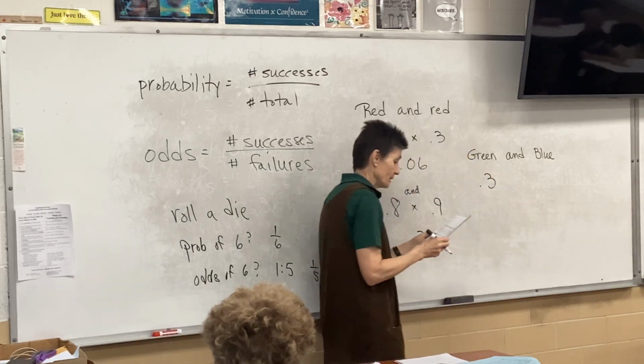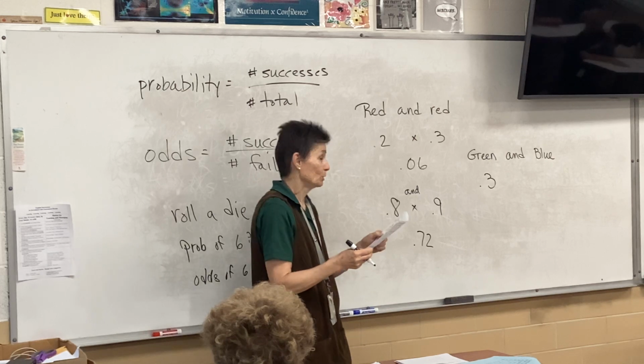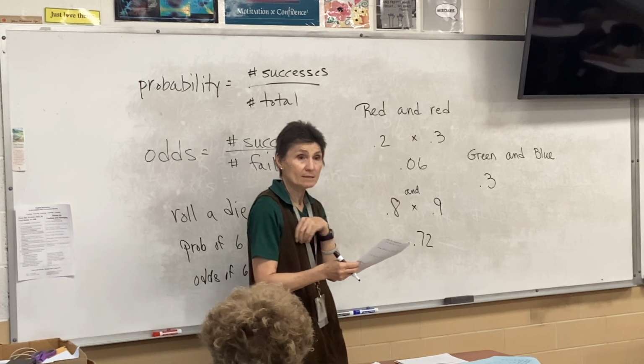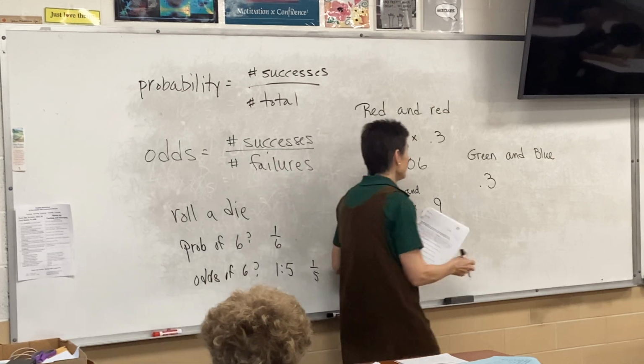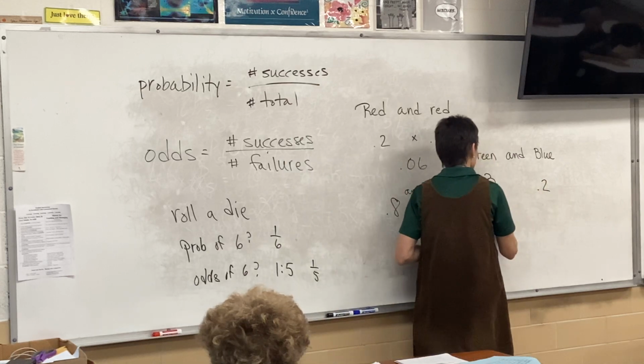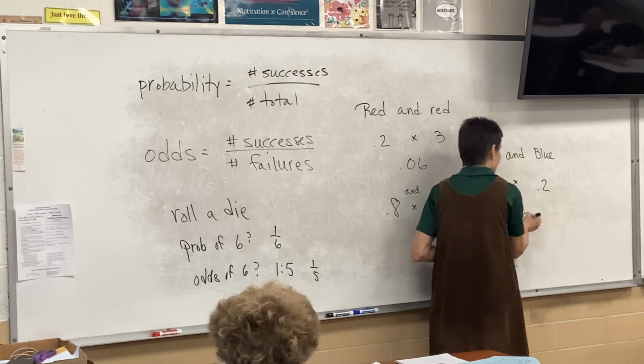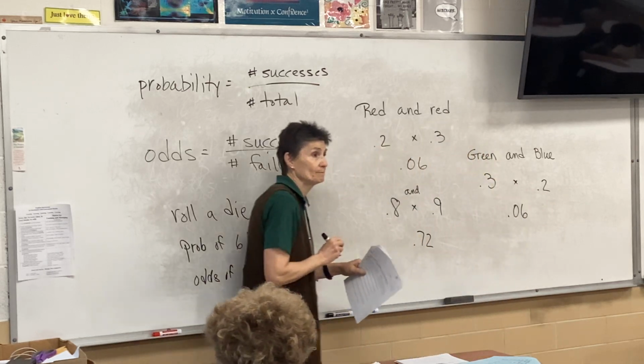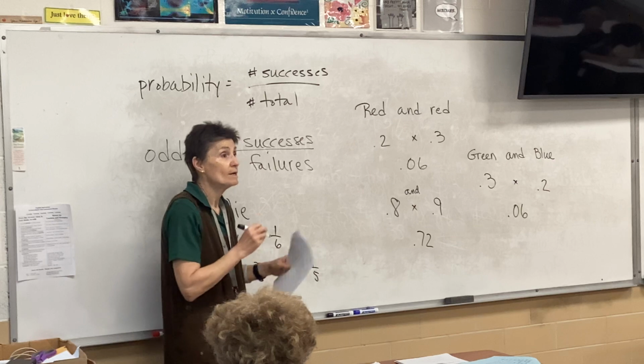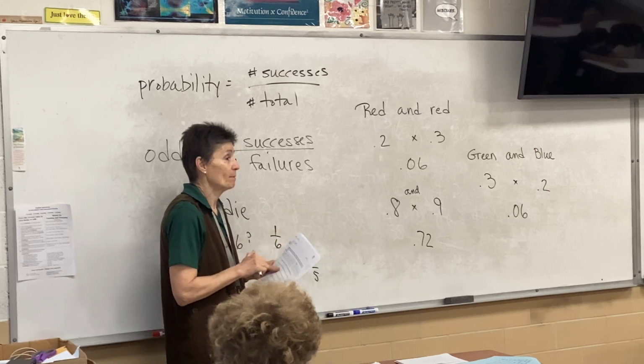And we reach into Elizabeth's and we want a blue one. So that is 0.2. And we are doing green and blue, so we're going to multiply those and we get 0.06 or 6% probability.